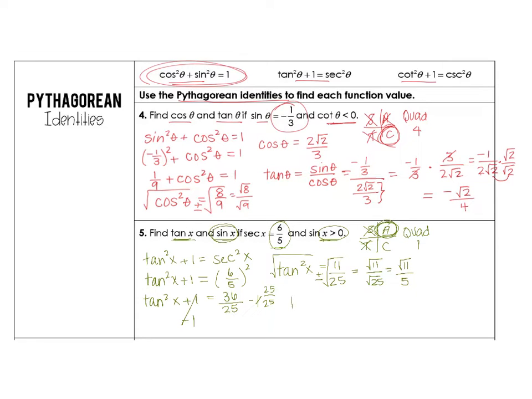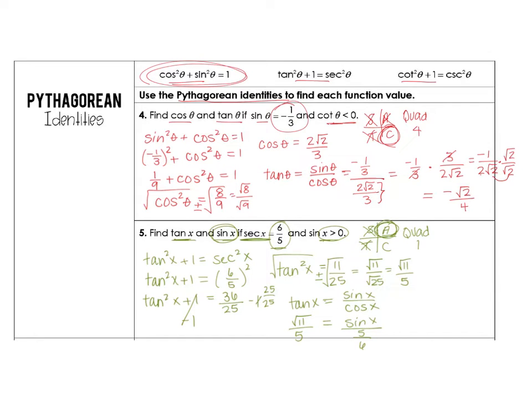Now I know tangent, if we go back to earlier, is going to be sine of x over cosine of x. So if we substitute in our values, we have the square root of 11 over 5 equals sine of x over, well, I know cosine is the reciprocal of secant, so that's going to be 5 over 6.